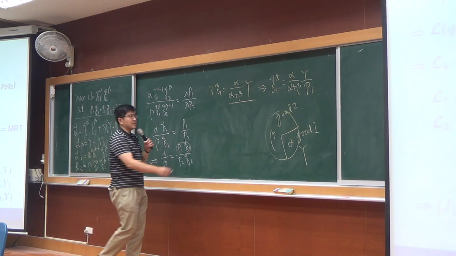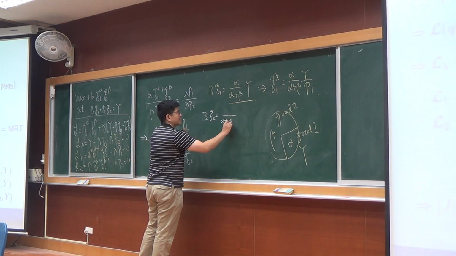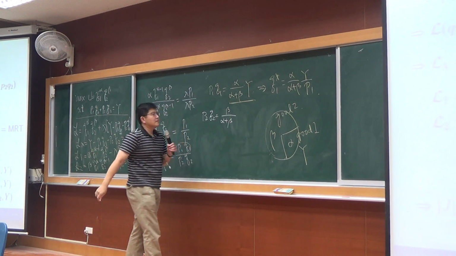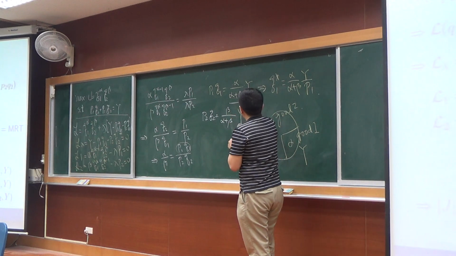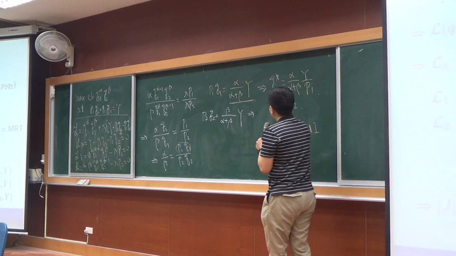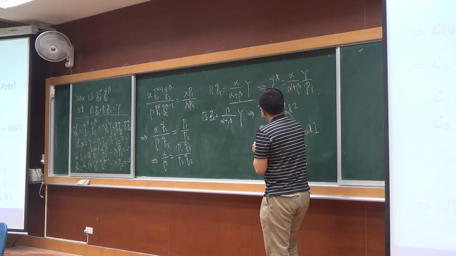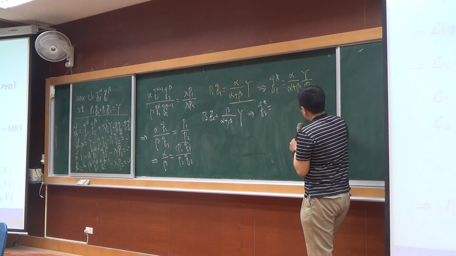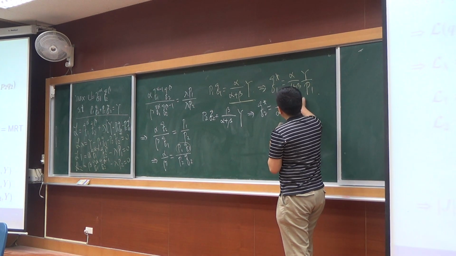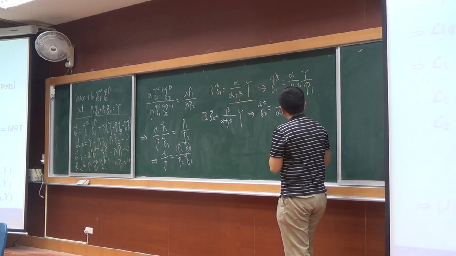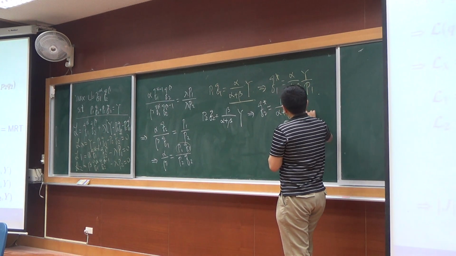And by the same logic, P2 Q2 equals beta over alpha plus beta Y. And Q2 star would be beta over alpha plus beta, Y over P2.